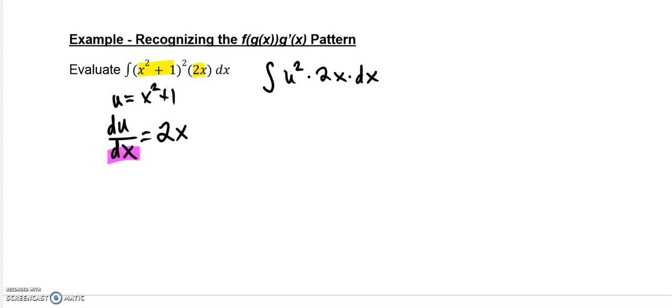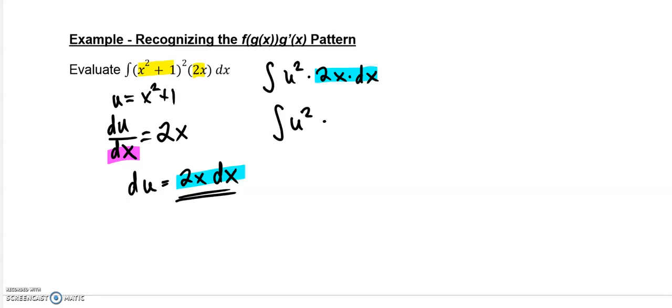When we do that, you multiply over the dx, so du is equal to 2x dx. And we can even stop there on this particular one. This doesn't happen all the time, but look, right there, 2x dx, 2x dx. We can make a direct substitution. So it would be u squared times, instead of writing 2x dx, it's just du in this case. Just happened to work out that way.